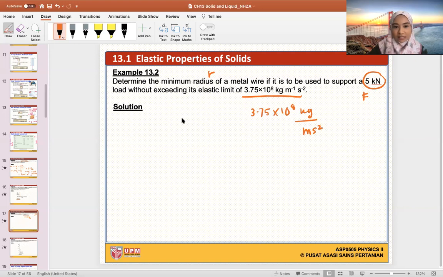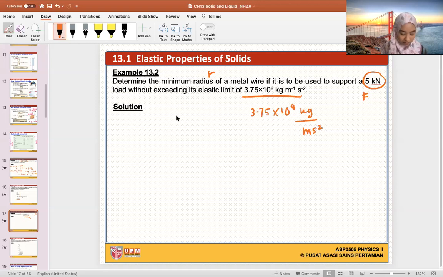We can't hear you, Louis. Can you write down why it is in kilogram over meter second squared if you can? Okay, if Louis cannot answer it, I'm going to ask someone else, so you guys better figure it out. Because force is in kilonewton, doctor. No, that's not the answer, but good try.